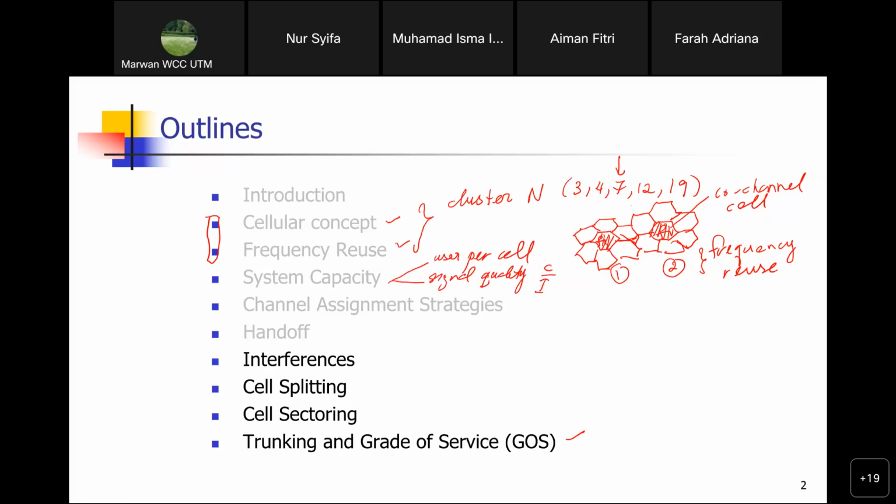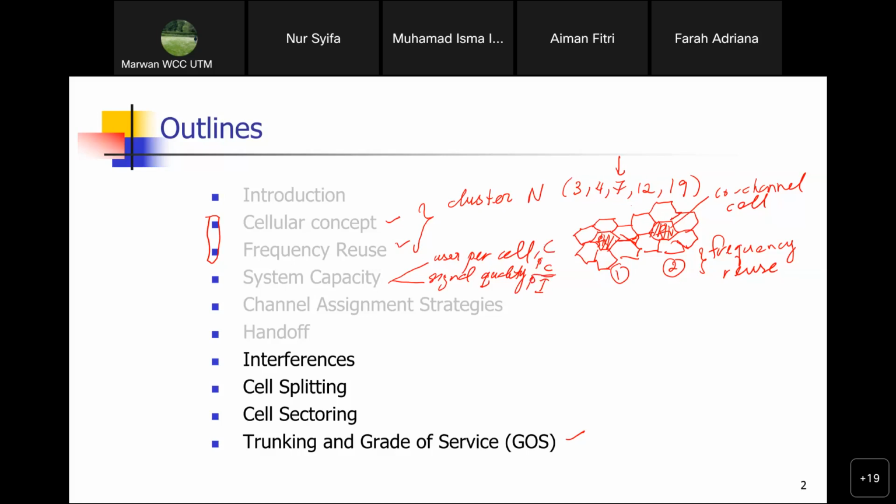Channel capacity C, number of users per cell.